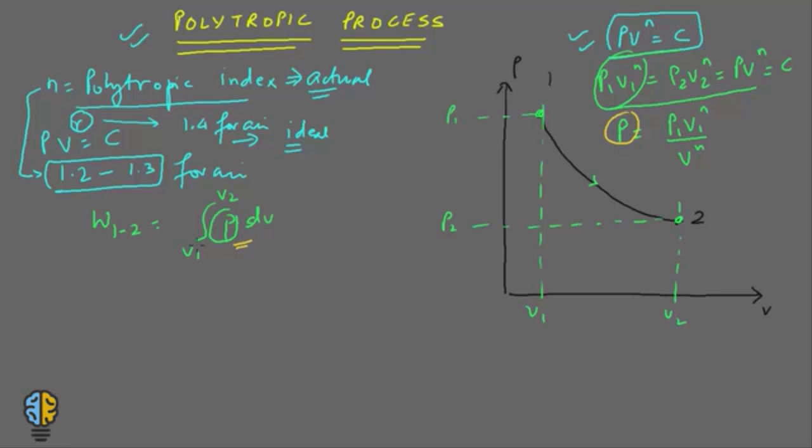So you will get P1 V1 to the power n, which is a constant value, and inside the integral you would get V to the power minus n dV. This will leave you with P1 V1 to the power n into V to the power (minus n plus 1) by (minus n plus 1). This is a similar thing as compared to the adiabatic process.